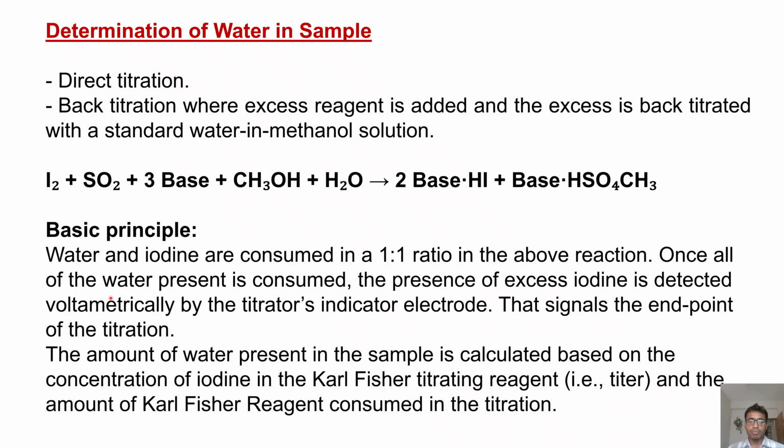Once all of the water present is consumed, the presence of excess iodine is detected voltametrically by the titrator's indicator electrode, which signals the end point of the titration. The amount of water present in the sample is calculated based on the iodine concentration in the Karl Fischer titration reagent and the amount of the Karl Fischer reagent consumed in the titration.